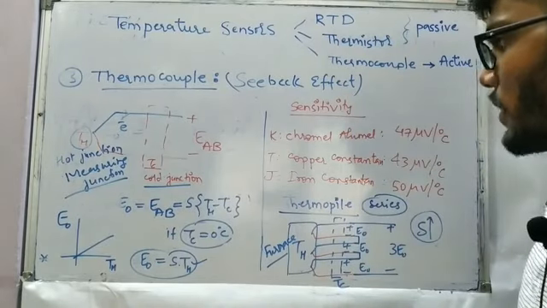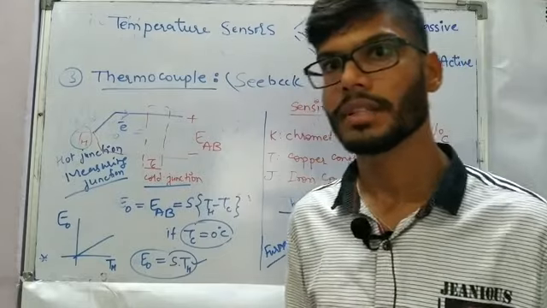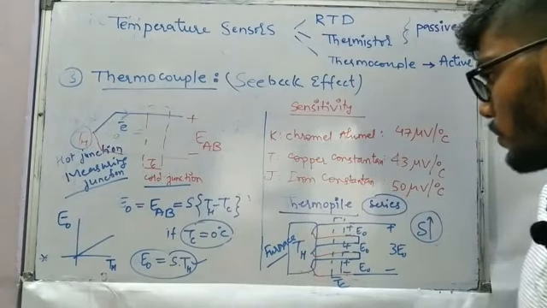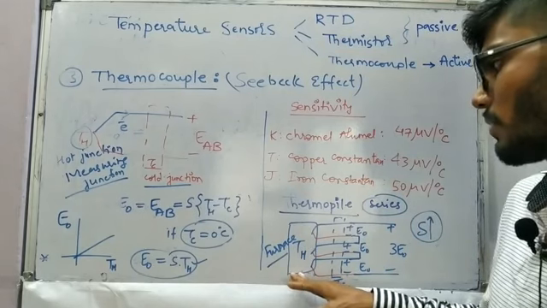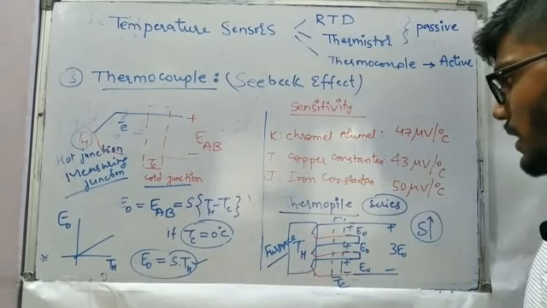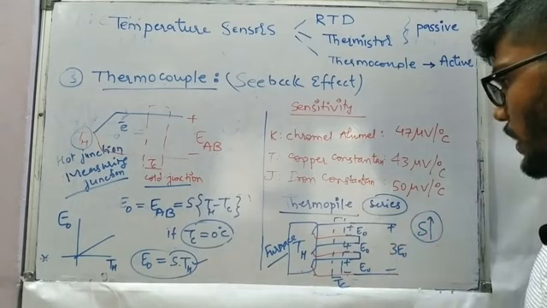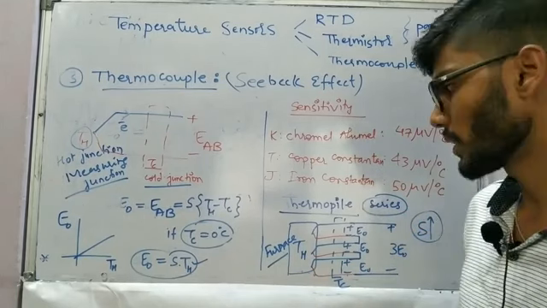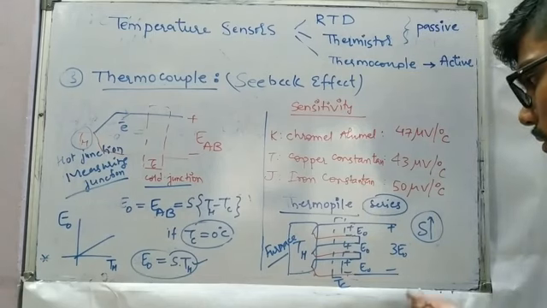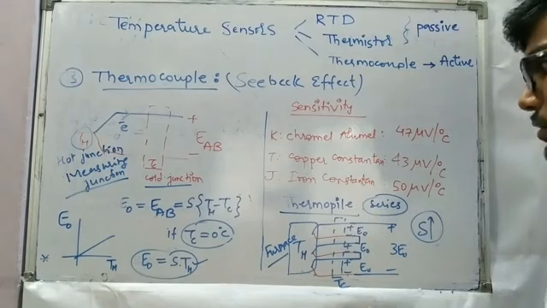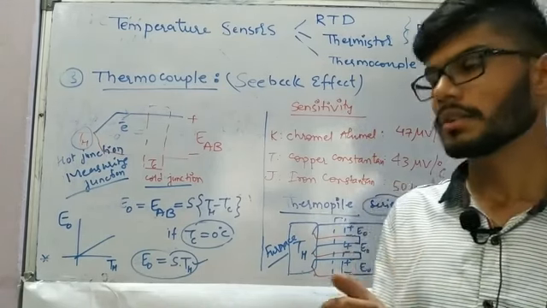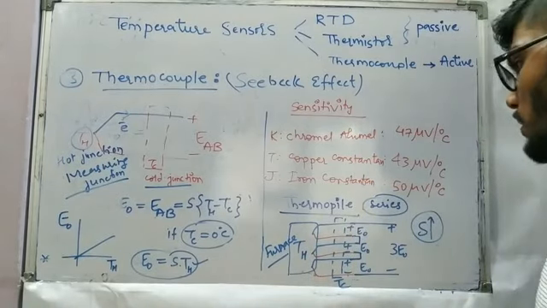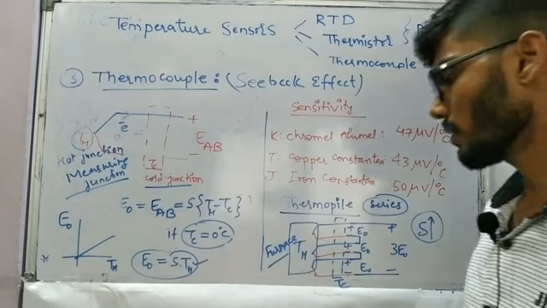So either we have to increase the sensitivity with a series connection, which is known as a thermopile. The temperature of the furnace is TH, and if we use 3 thermocouples in series, we get the addition of 3 voltages, E naught, E naught and E naught, so we get 3 E naught. For the same temperature we get a higher value, so the output by input, the sensitivity, will be increased.